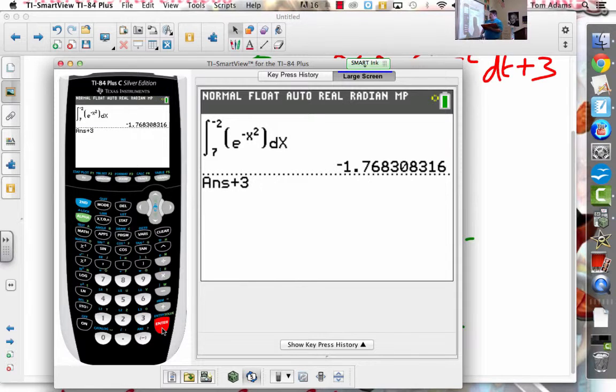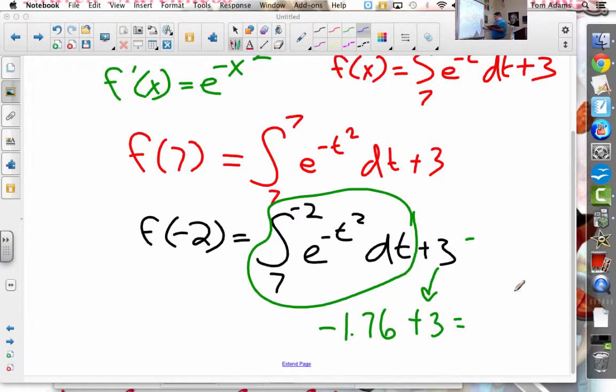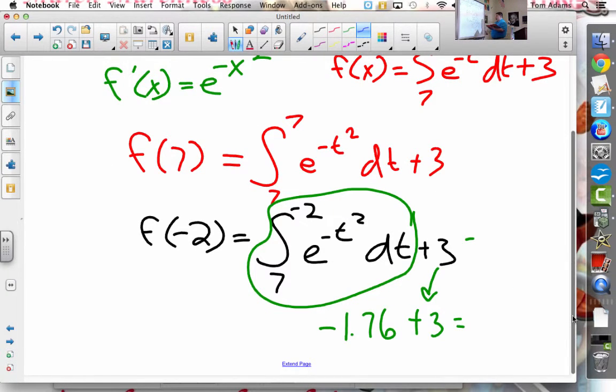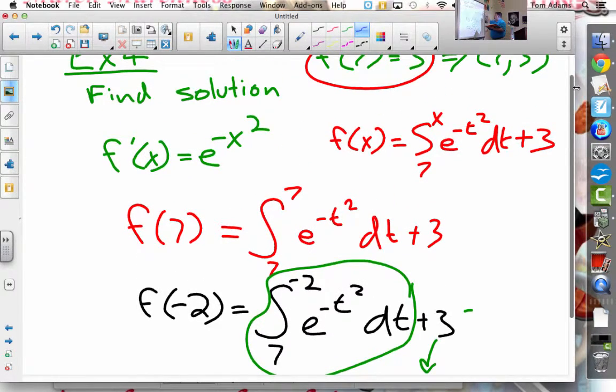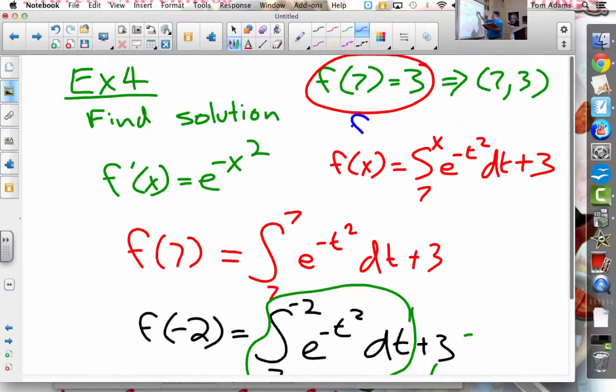Now if I just add 3 to it, I'll get a positive number of 1.217. So what I've done is I've calculated that f of negative 2 is actually approximately 1.2317. Okay?